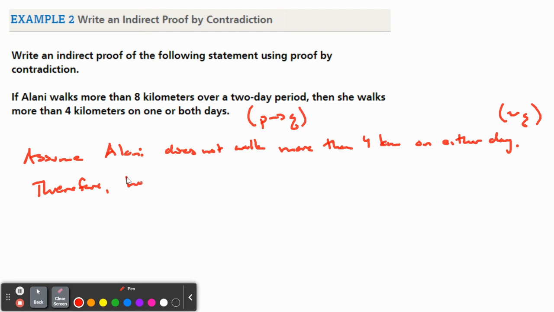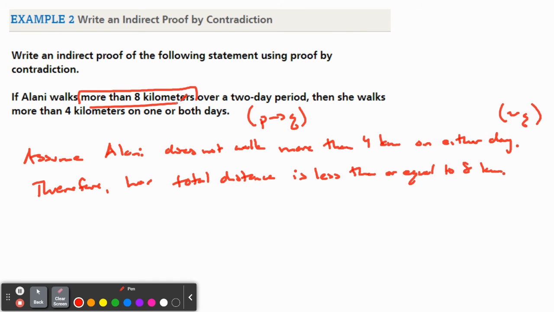So we're going to say, therefore, her total distance is less than or equal to 8 kilometers. But you see it says more than 8 kilometers. This must be true. So this is your contradiction.